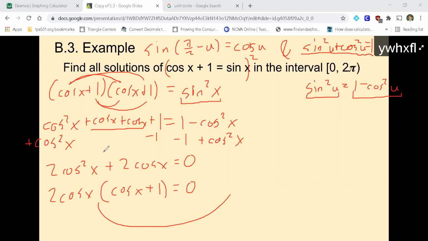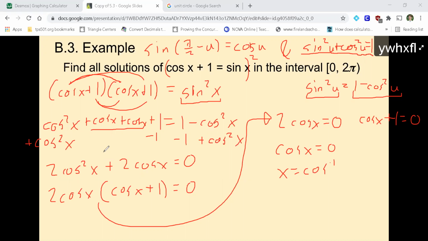And then we're going to set each factor equal to 0. So 2 cosine x equals 0, and cosine x plus 1 equals 0. Cosine x equals 0, so x equals cosine inverse of 0.